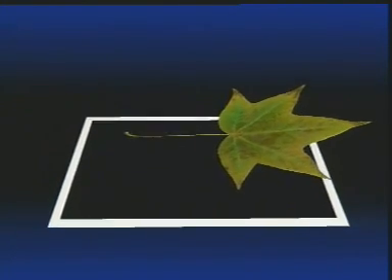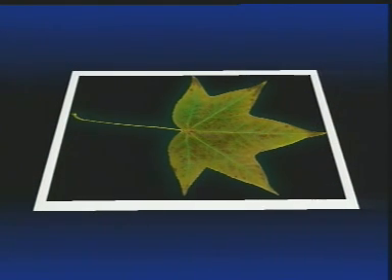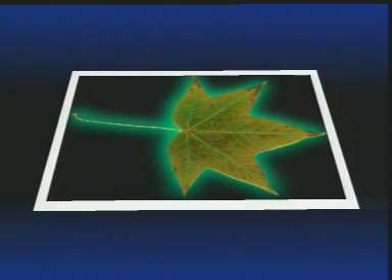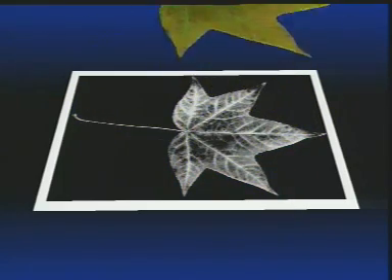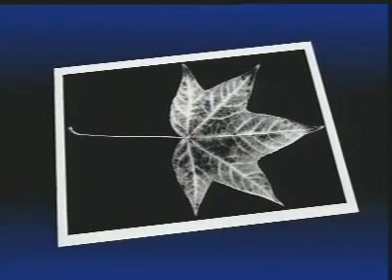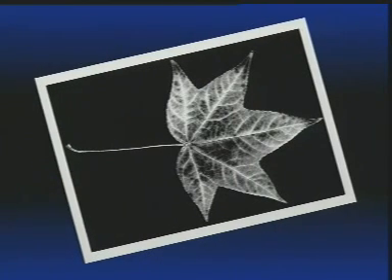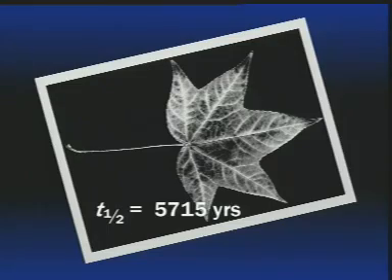This is because the carbon-14 emits beta particles that expose the underlying film. The resulting autoradiograph takes hours or even days to produce, as the half-life of carbon-14 is greater than 5,000 years.